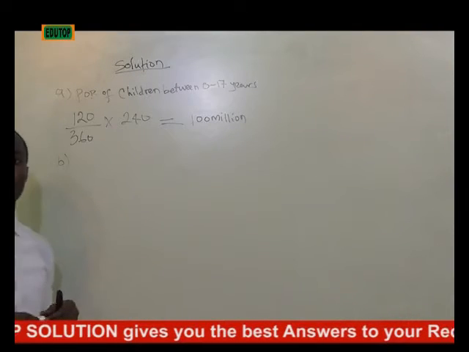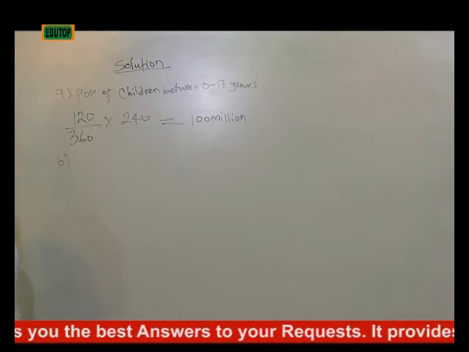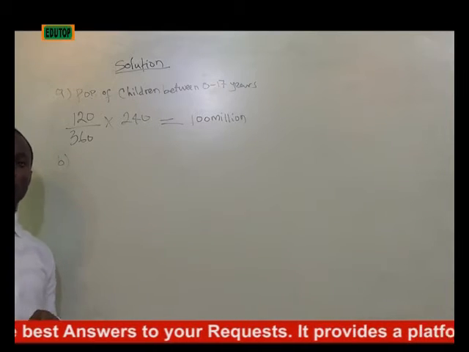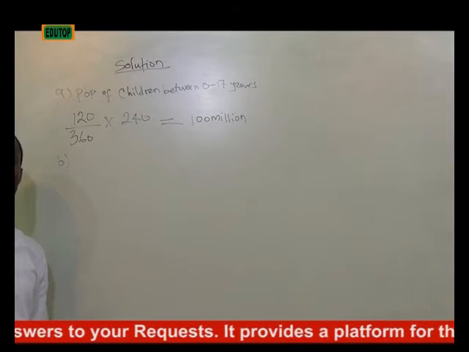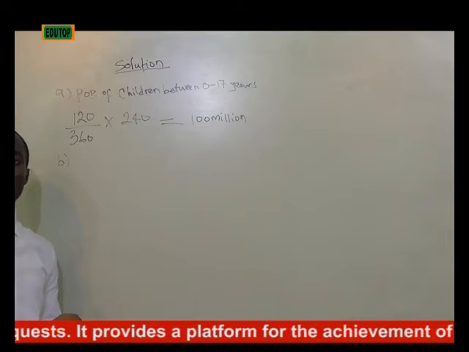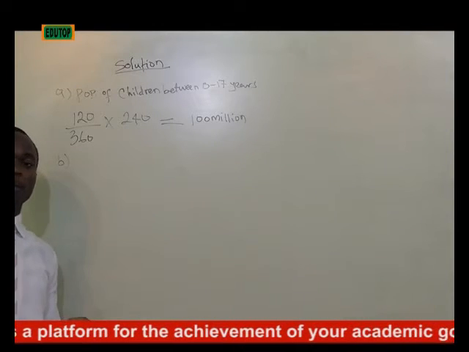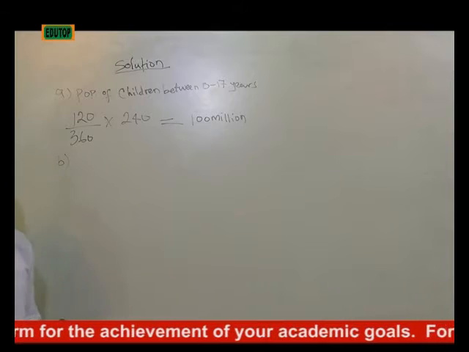B, we are asked to find the population of old people. That's people from 60 years and above. And it has a percentage of 90.